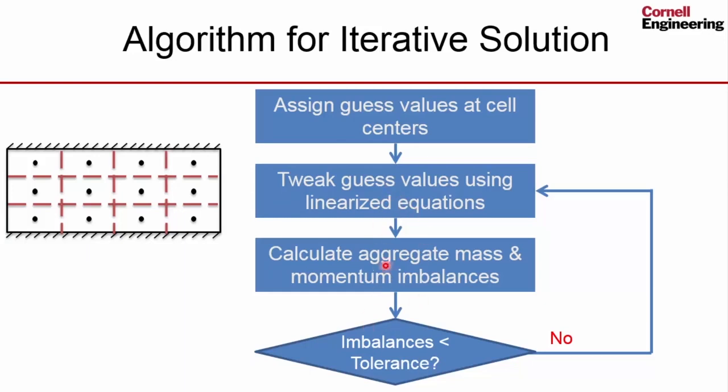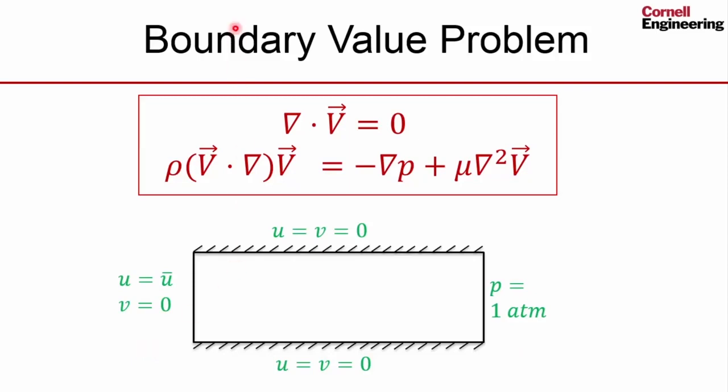And if this process converges after some number of iterations, your imbalances for mass, x momentum, y momentum are going to fall below the specified tolerances, and we have the converged solution, which means that now our linearization error is below a specified tolerance level, and we have a good enough solution to a nonlinear set of algebraic equations, i.e. we have an approximate solution to a boundary value problem.